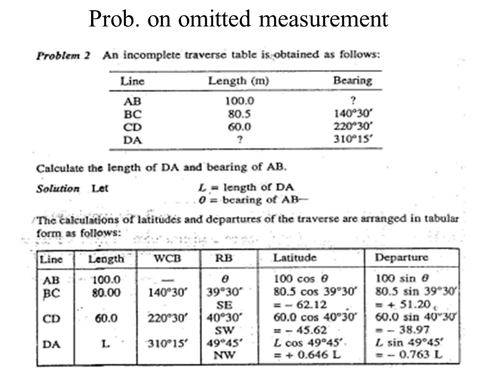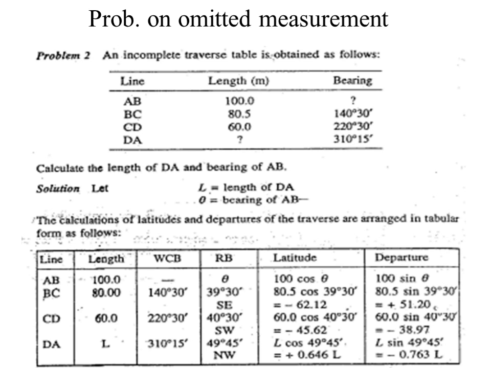Therefore plus 51.2. Similarly for line CD, the length is 60 and the reduced bearing is 40 degrees 30 minutes. Therefore 60 into cos 40 degrees 30 minutes. Since in the third quadrant latitude and departure are both negative, the negative value is given for latitude and departure. Similarly, for line DA in the fourth quadrant, L is the length of the line and 49 degrees 45 minutes is the reduced bearing.